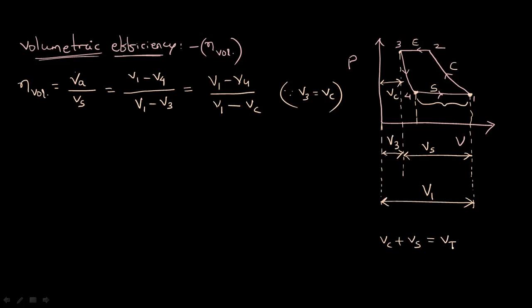And what is the total volume of the cylinder? This one, the highest volume. Which one is the maximum volume? This one, V1. So V1 is the maximum volume, or it is called the total volume of the cylinder.